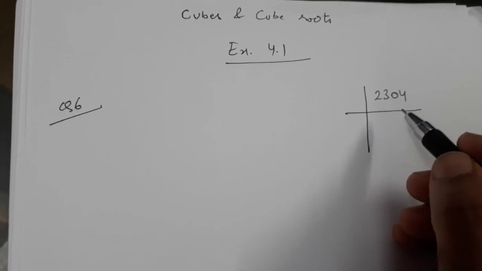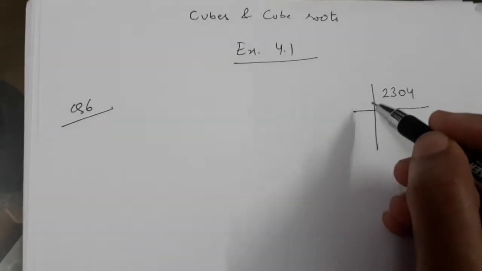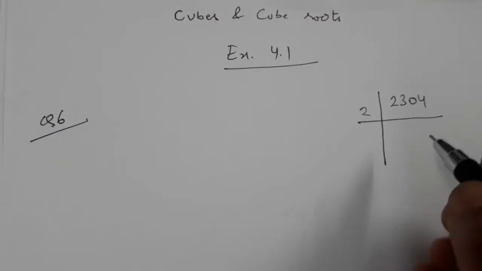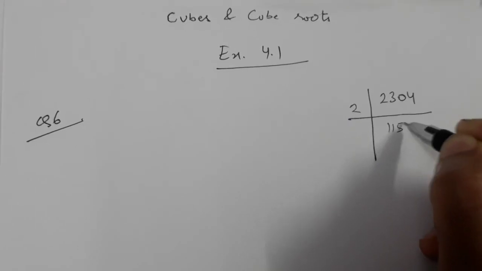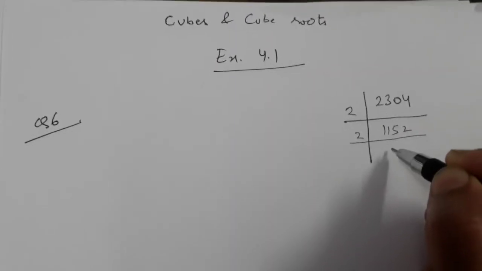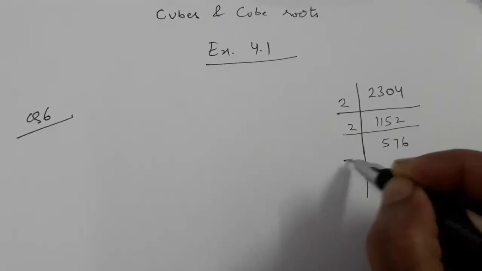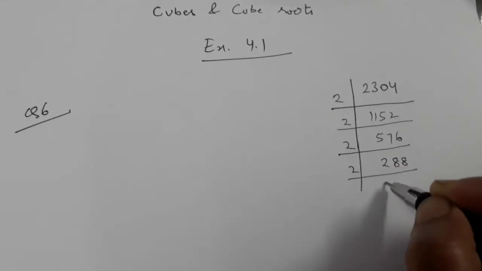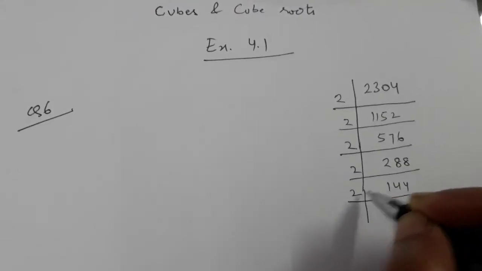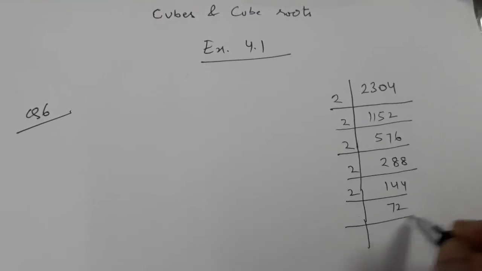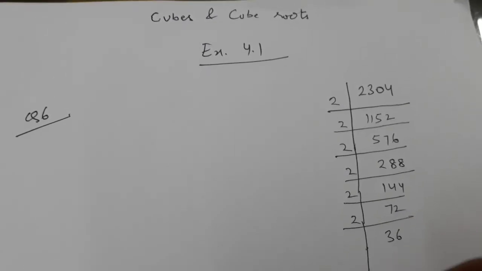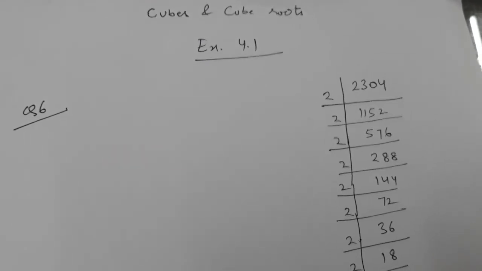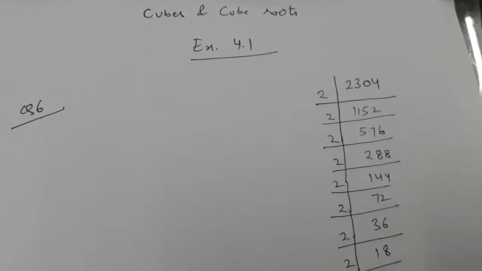For finding that, we take the prime factorization of 2304, which is divisible by 2. It goes to 1152, then again 2, it goes to 576, then 2 again, 288, then 144, then 72, then 36, then 18, then 2 nines are 18, 3 threes are 9, and 3 ones are 3.